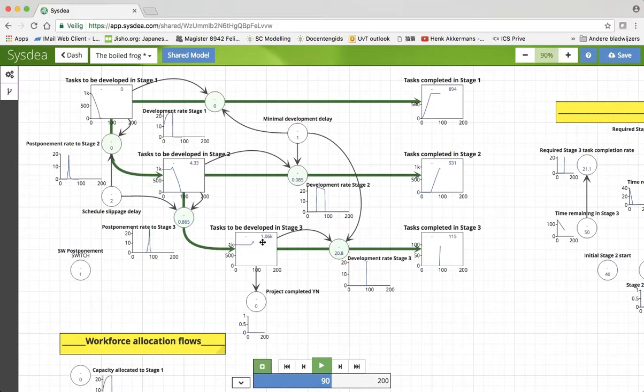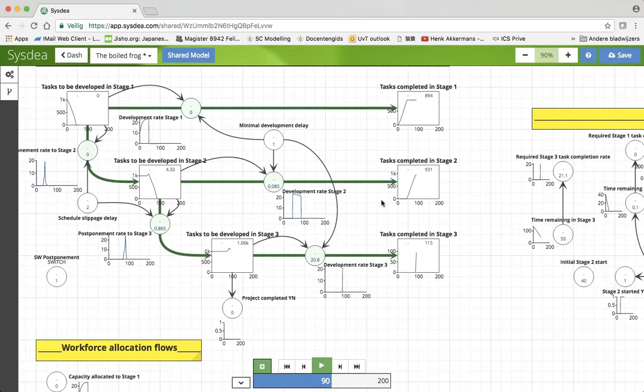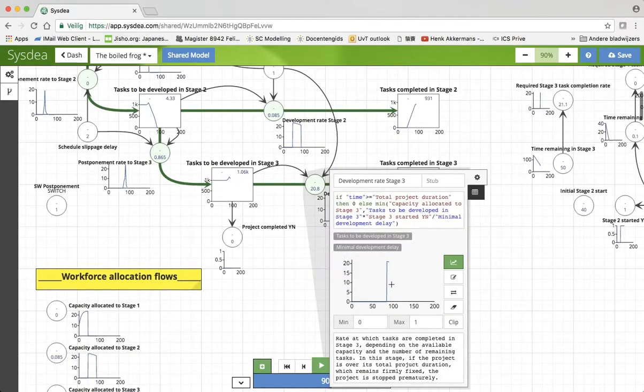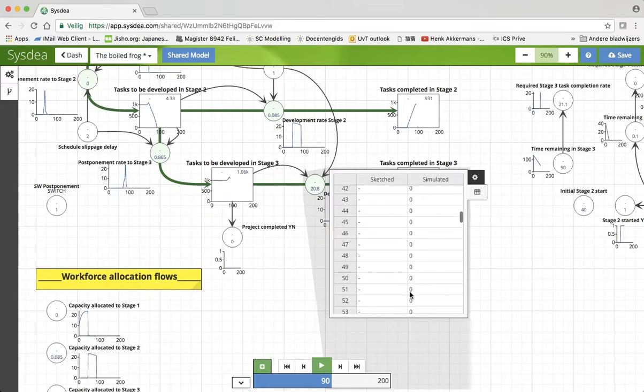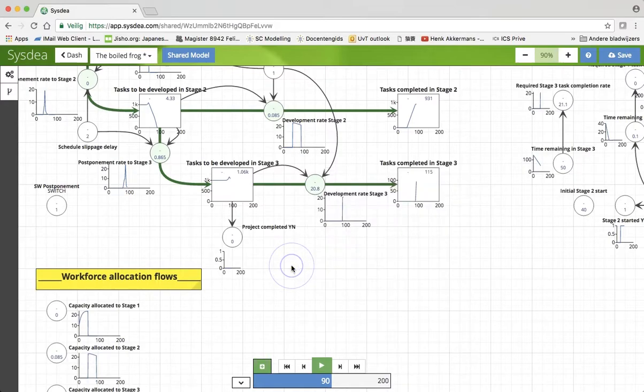Let's stick to stage 2 again and see what the reasons are. We have postponement, we have a later start of stage 3, and that starts not in week 80, not in week 83, but in week 85. So some delay, but most of the reaction to not finishing up has been postponing work.